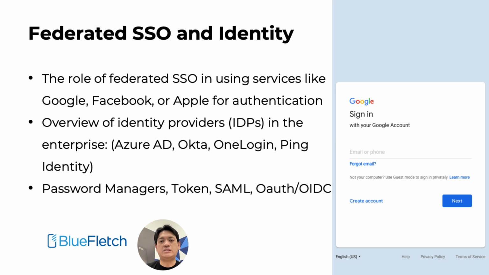OIDC puts an authentication layer on top of that, where I can authenticate and authorize separately, so that I can authenticate and do just-in-time authorization. If I need to access a particular resource, I can ask for tokens for that resource, and the company can limit authorization to specific providers. So whenever you need it, you can request it via OIDC.